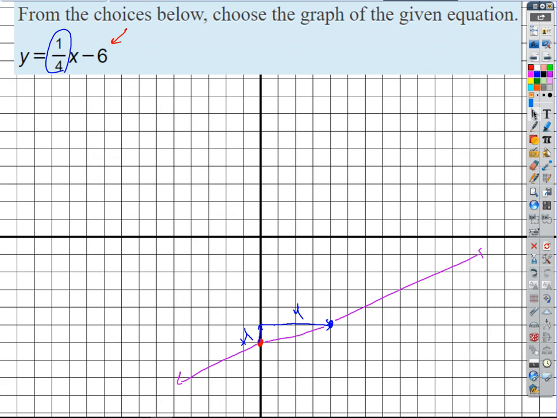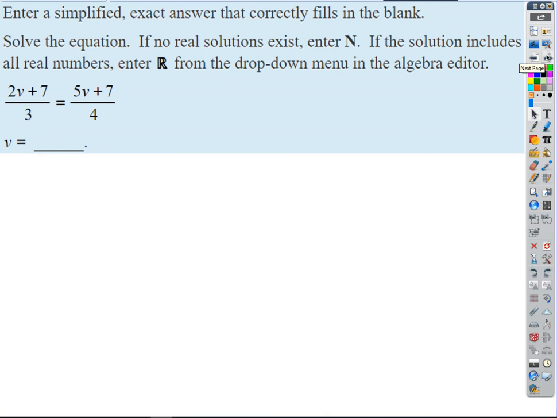Okay? Last problem. Easy. It's a proportion. If I have fraction equal to fraction, what do I do? Right? Cross multiply. If it's just a single fraction on the left side equals some single fraction on the right side, those are super easy. We just cross multiply.